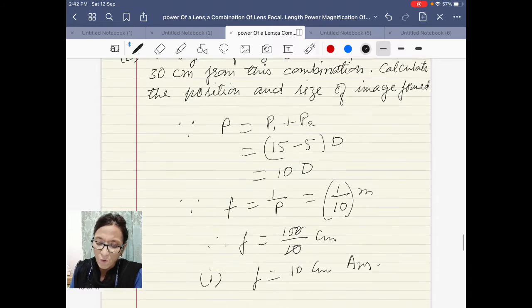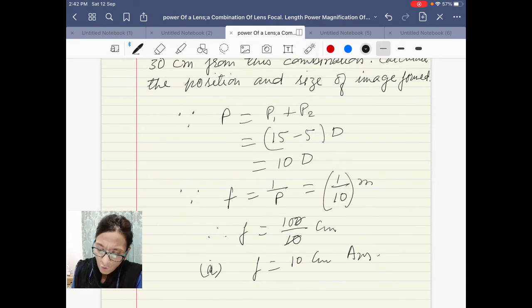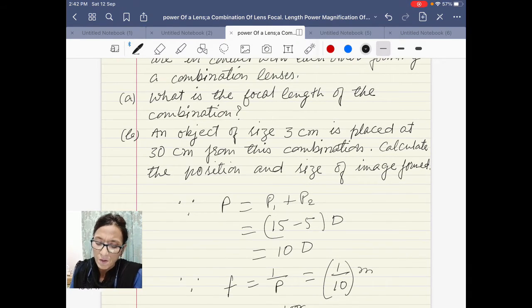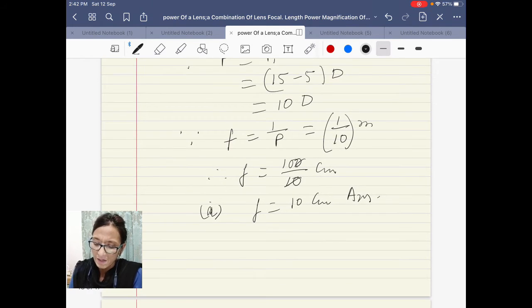Now there is one more question. Question A is solved. Now question number B. An object of size 3 centimeter is placed at 30 centimeter from this combination. H is given. H is equal to 3 centimeter. And U also is given. It is your minus 30 centimeter.